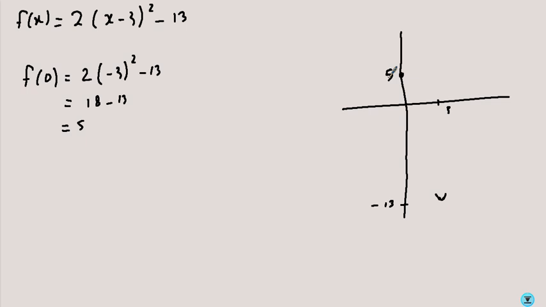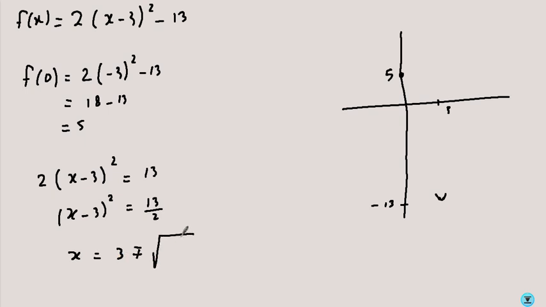And in order to work out the two roots, if you wish, that is, we can equate this expression to 0, immediately giving us 2 times (x minus 3) squared equals 13. Therefore, (x minus 3) squared equals 13 over 2. Taking the square root and adding 3 to both sides gives us x equals 3 plus or minus the square root of 13 over 2.